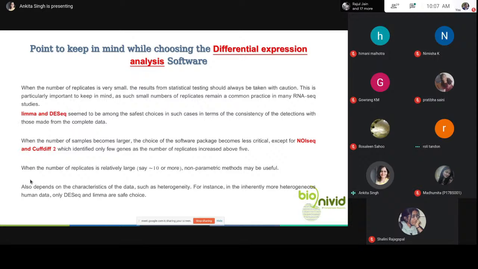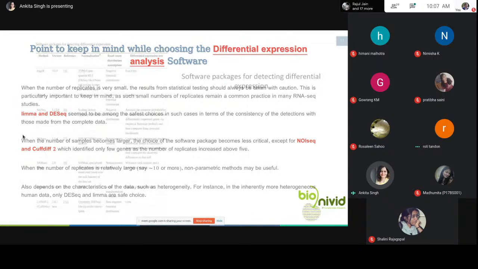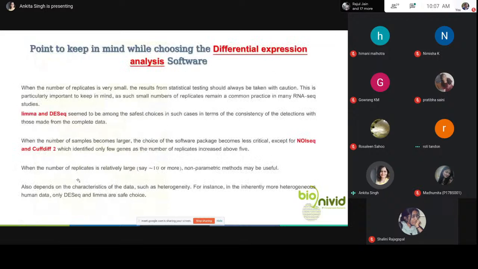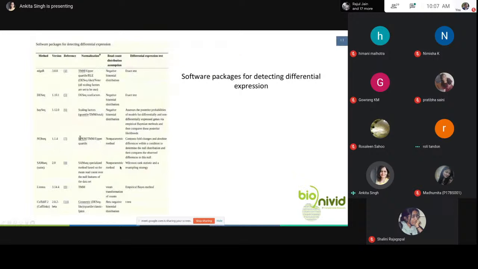With the larger set, you are good to go with a large number of choices. You can pick any of these tools. When the number of replicates is relatively large, the non-parametric methods are very useful, as publications prove. So among non-parametric methods you have NOISeq and SAMseq, which can be your good-to-go tools.